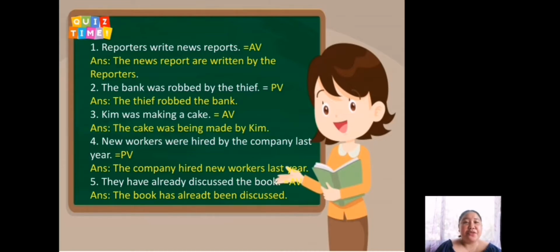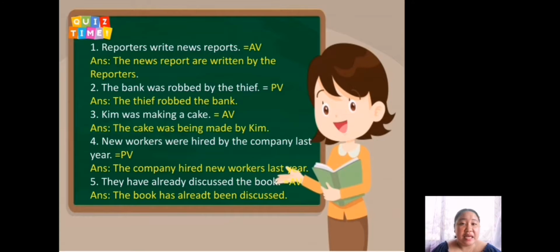Number 3, Kim was making a cake. It is in active voice, so we need to convert it into passive voice. The answer is: the cake was being made by Kim. Number 4, the new workers were hired by the company last year.